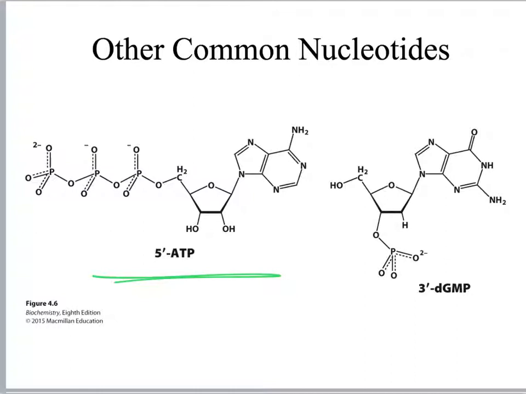We are going to come back and revisit some of these nucleotides as we move throughout our study, but just be aware that we're not only talking about nucleotides that are directly related to the polymer of DNA. We're talking about nucleotides that can be used in a variety of different biological applications.